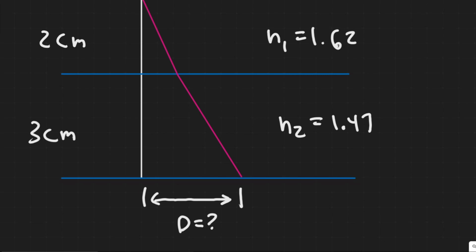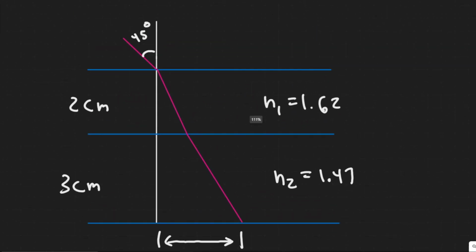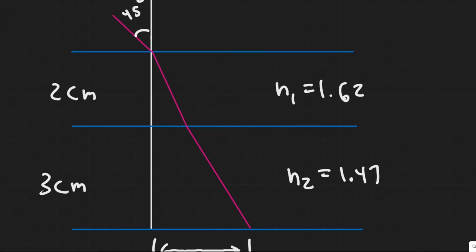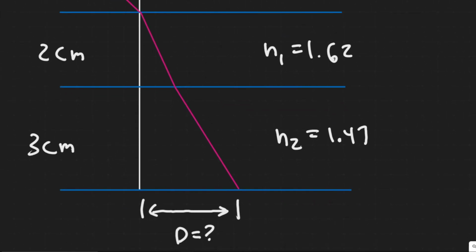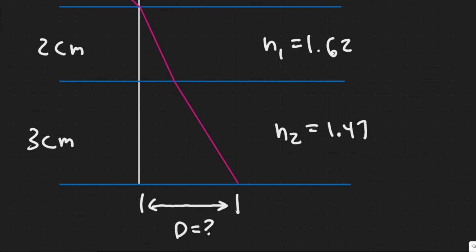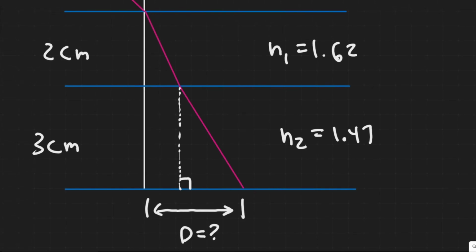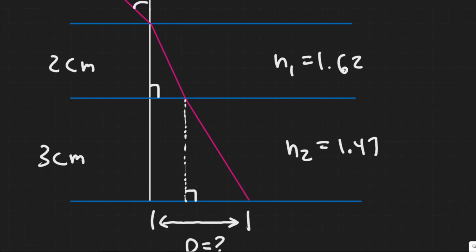So let's talk about how we're going to do this first. The first thing you need to recognize is that you can split this problem up into two main triangles. If you imagine this as a triangle right here, a right triangle where this is a right angle, and notice this is also a right triangle.